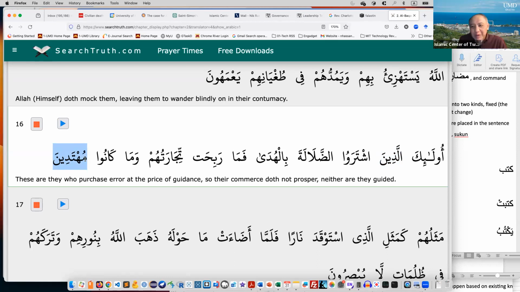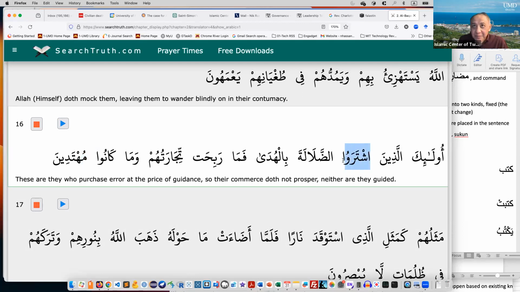That's for another reason. But anyway, that's a good try. One reason why you know it's not a fi'l is because it starts with a meem. So remember, fi'l usually starts with what again? Ya, ta, right? Noon. But this one starts with a meem. I don't think we can find a meem that's a fi'l.